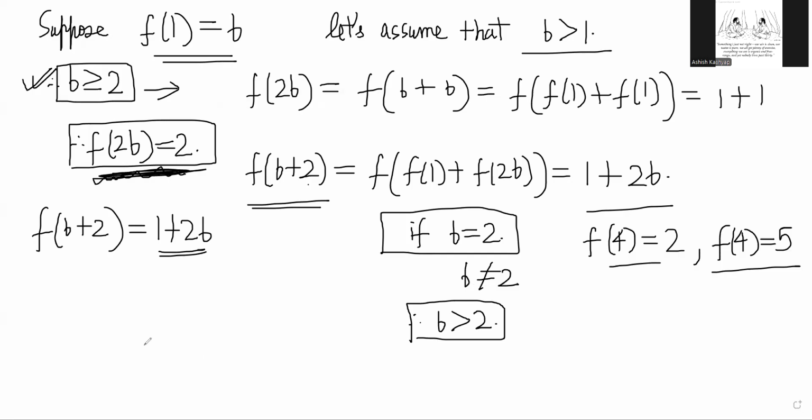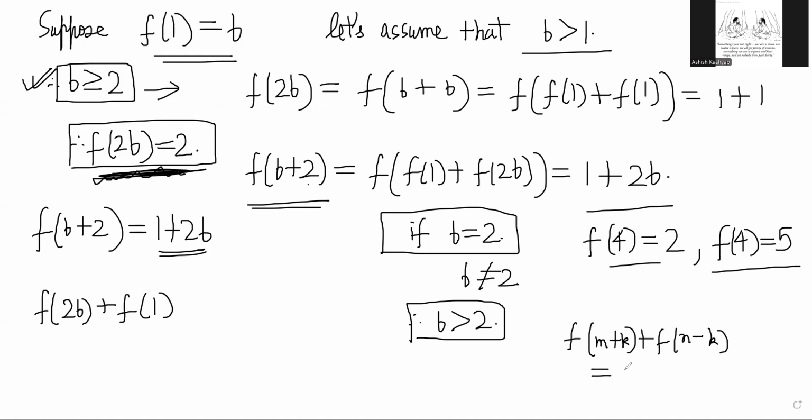So now what we can say is f of 2b plus f of 1. We will use the condition that we have derived earlier. So what was that condition? If you remember, we had written f of m plus k plus f of n minus k is equal to f of m plus f of n.